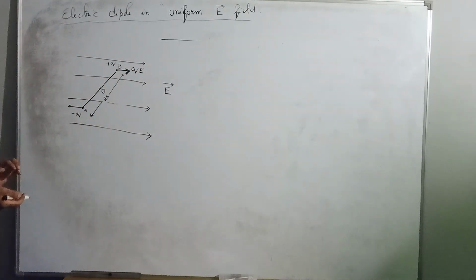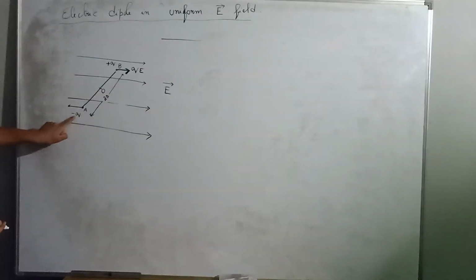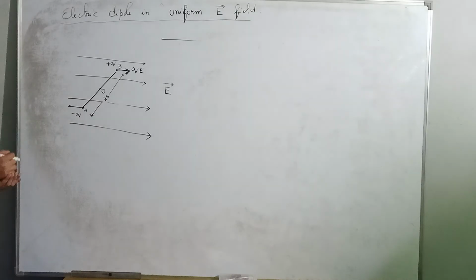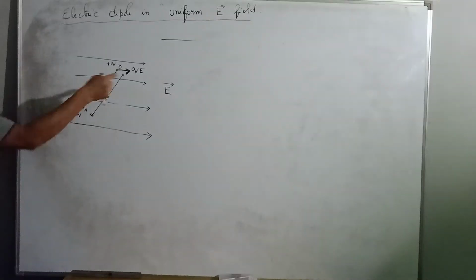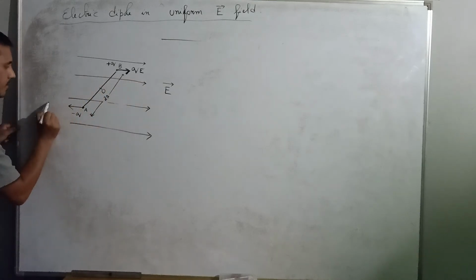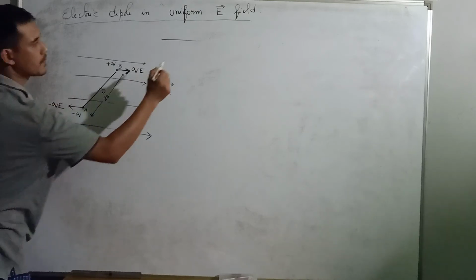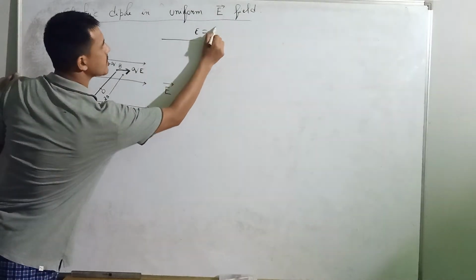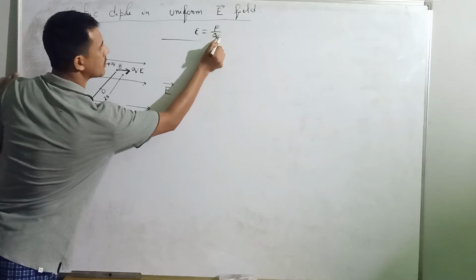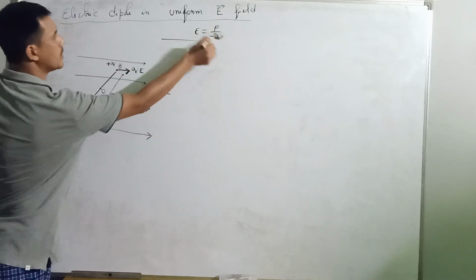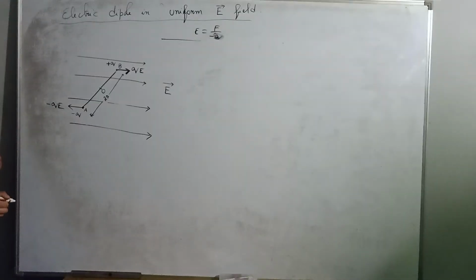And the force experienced by this charge minus Q placed inside this field will act along this direction, opposite to that of the given field, and it will be given by minus QE, right? Because E means F upon Q naught. You replace this Q naught by minus Q, then F will be minus Q times E, alright?